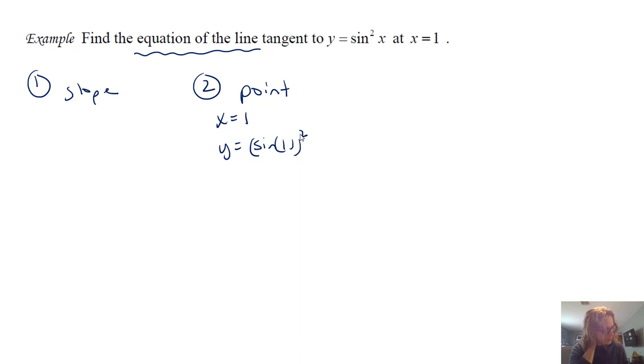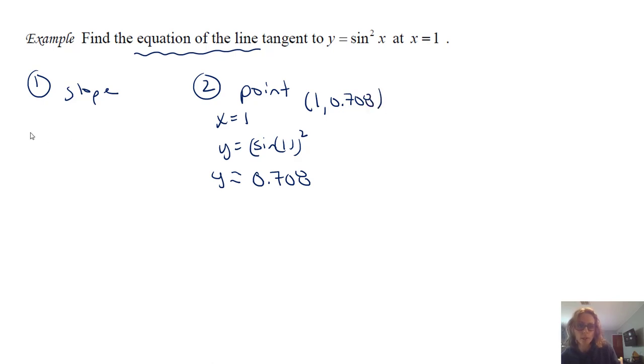So don't get confused. This is asking you to find sine of 1, which is actually sine of some radian. This is not a nice, great number. But if you plug in the 1, you get, to 3 decimal places, 0.708. Okay, so that's our point. And again, just put that into your calculator and you'll see that that's what you get.